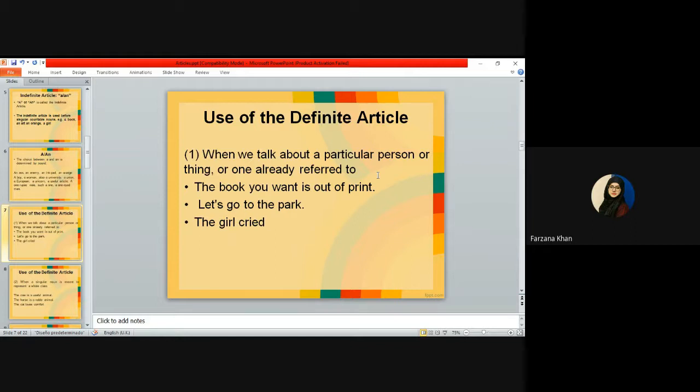That conversation can be at the same time, 1 hour ago, or 2 days ago. But if the thing has already been referred to and you are pretty clear that your listener can understand that, you simply go for using the definite article the.